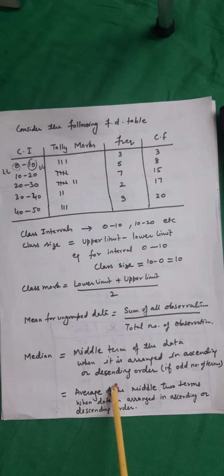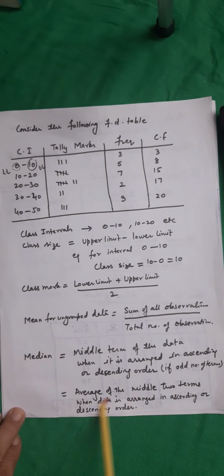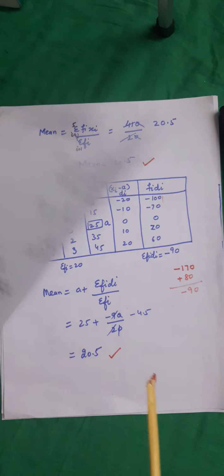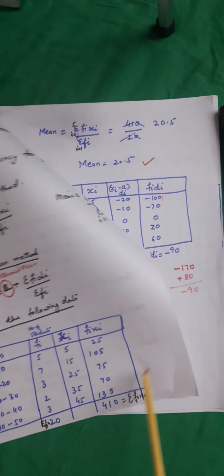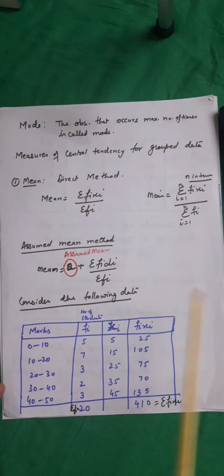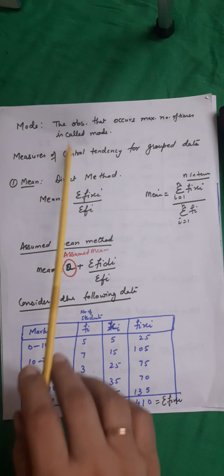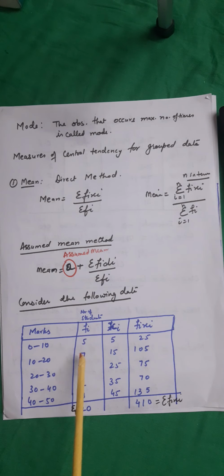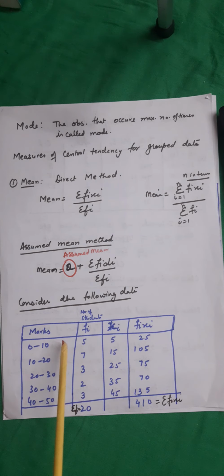But if the number of observations was even, then after arranging the data in ascending or descending order, the average of the middle two terms was taken to find the median. What was mode? All these things have already been discussed in 9th class. The observation that occurs the maximum number of times is called the mode.